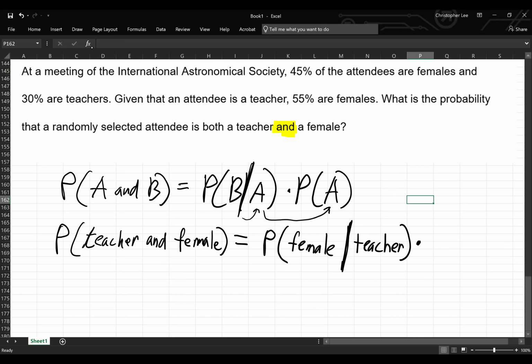Given that Sandy is a teacher. What comes after the given? Teacher. So this is the probability of teacher. Oh, you want the probability of female and... You do the words first, then you plug in the numbers.